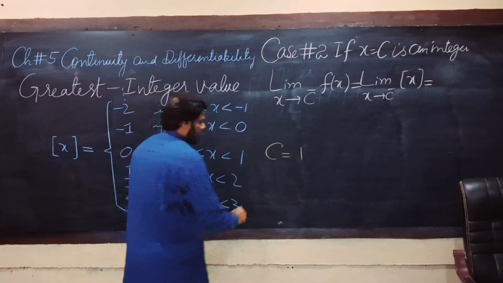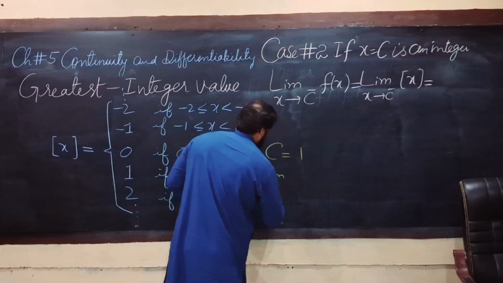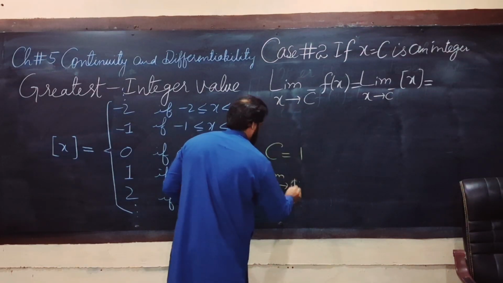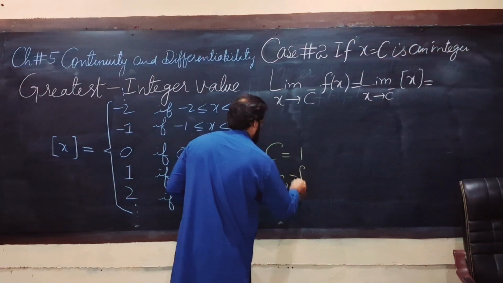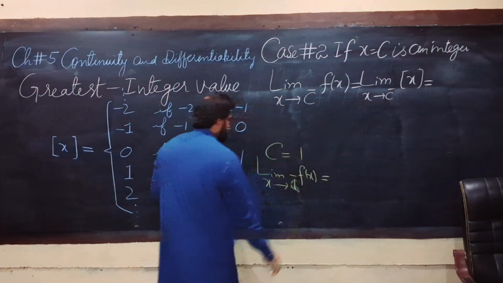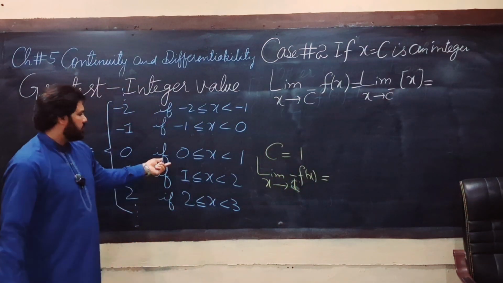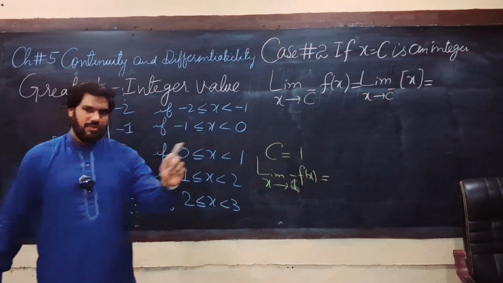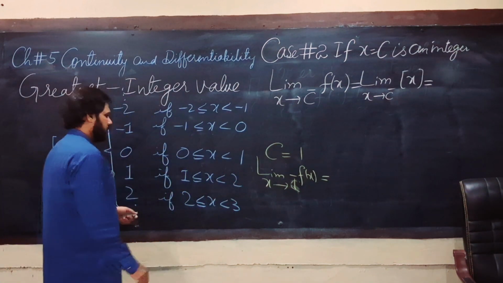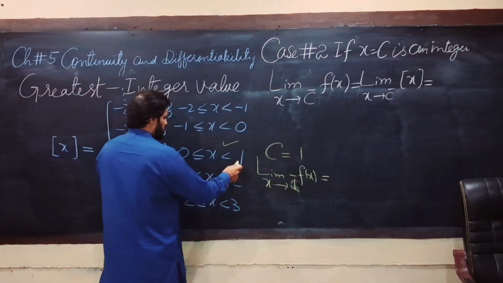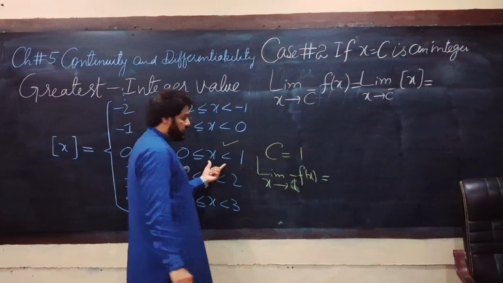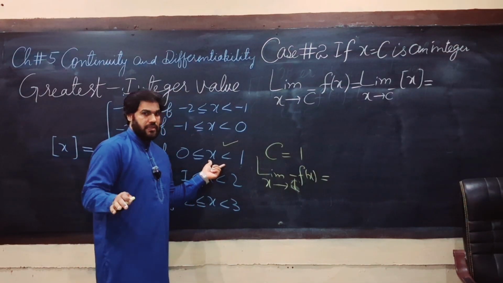If you find the left hand limit at x equal to c equal to 1, in which part of this function does x approach 1 but remain less than 1? This is the interval 0 to 1. In this part, the value of the function is 0.